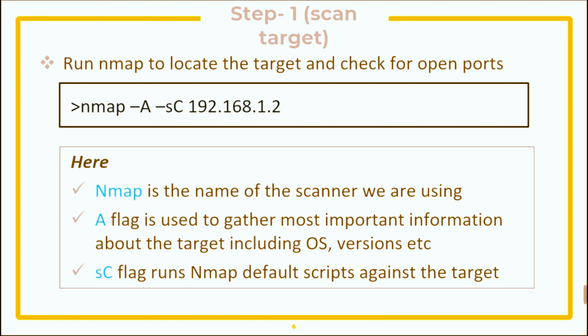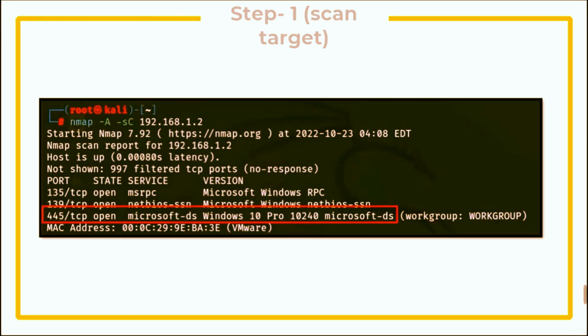The -A flag is used to gather the most important information about the target, including OS, version, etc. The -sC flag runs nmap default scripts against the target. We are going to cover nmap in detail in our future lectures. So once we have scanned the target, we will know exactly what type of system we are trying to hack and what are the open ports on it.